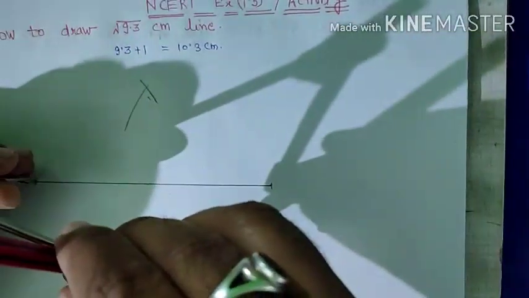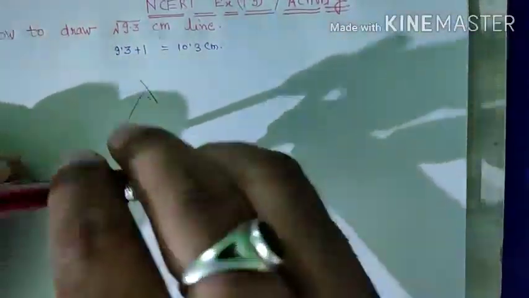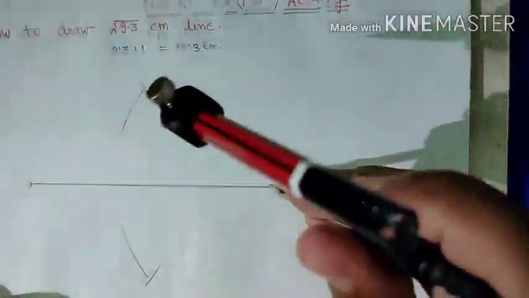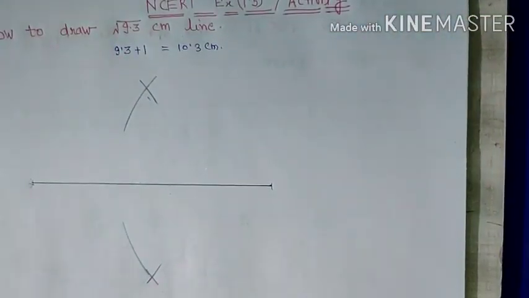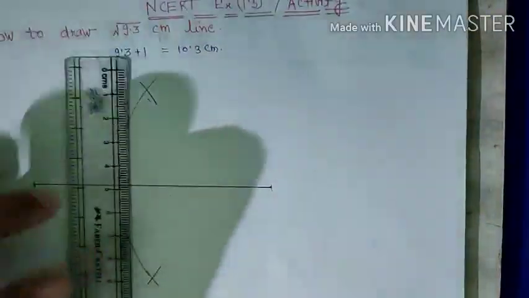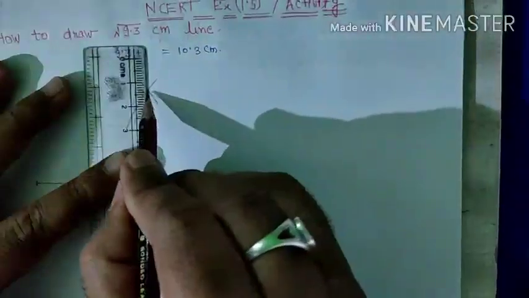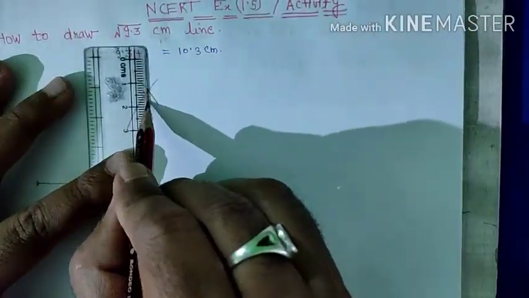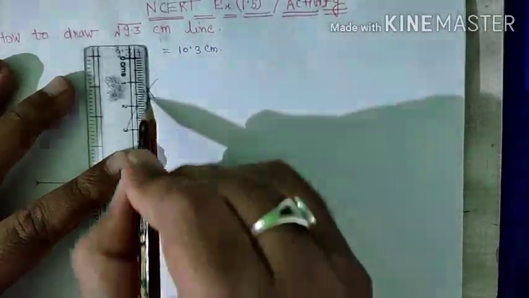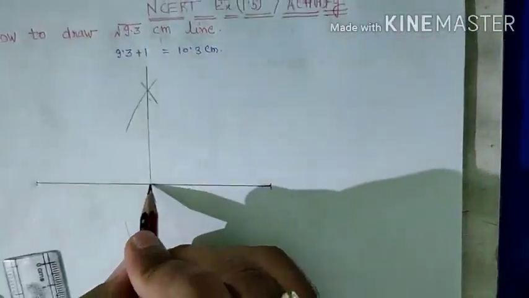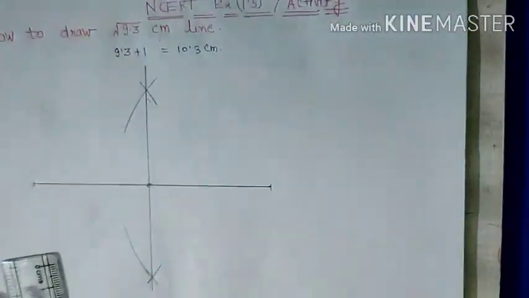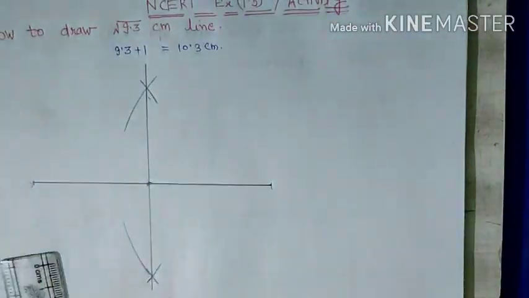These arcs should cut each other. Do this work carefully. Now wherever these arcs are intersecting, we will join those points to get the middle point of this straight line 10.3.